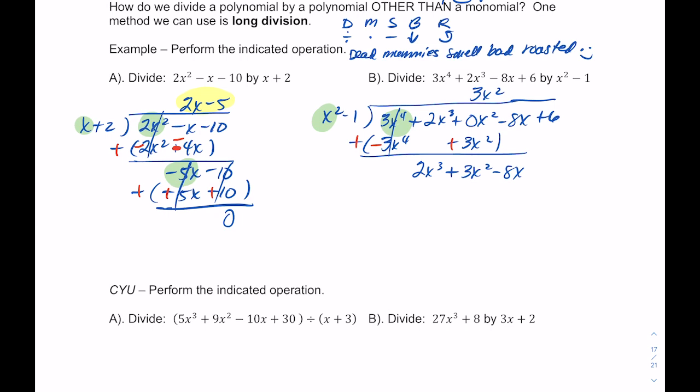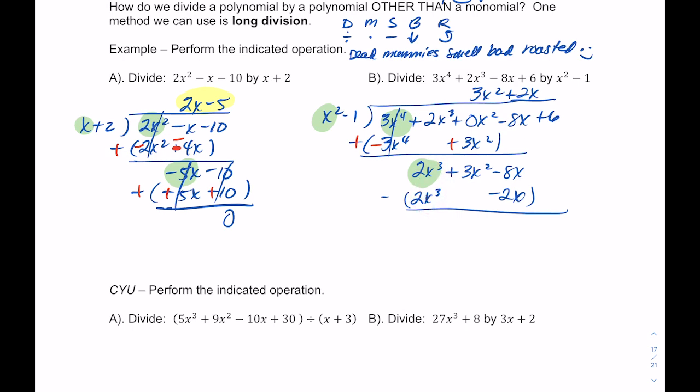So again, I'm going to divide the first term by the first term. So 2x to the third divided by x squared just gives us 2x. And then I'm going to multiply 2x times x squared and 2x times negative 1. And again, keep in mind that the first terms always need to be the same so that they'll go away.